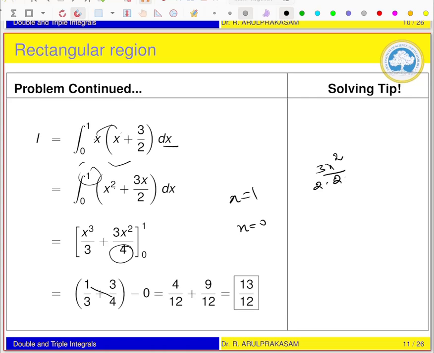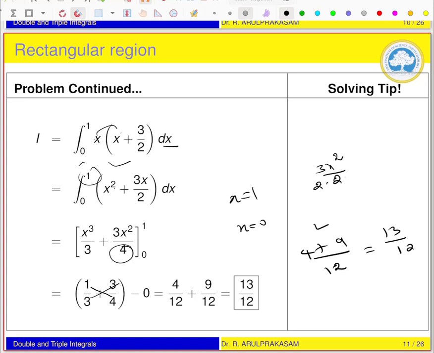Just simplify like this: 4 plus 9 divided by 12. So my answer is 13 by 12. This is the best way.